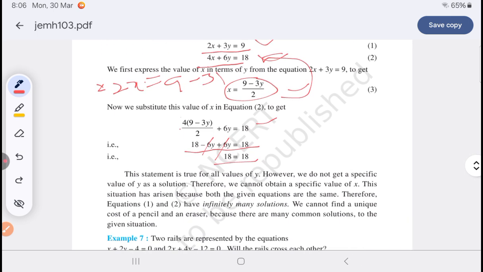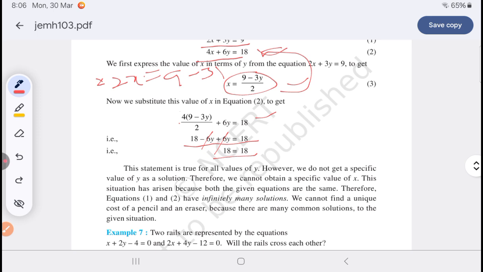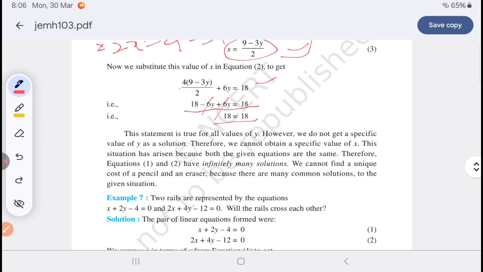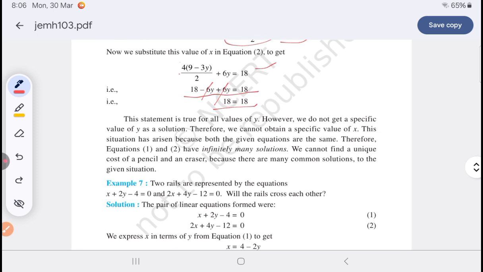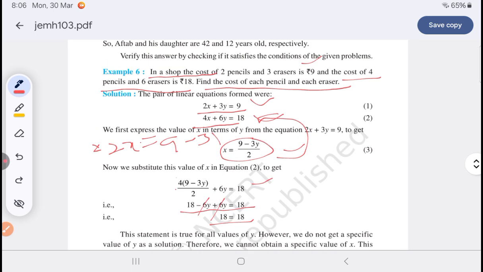So what you observe here is that you do not have any solution. So you cannot obtain the value of x. Can you check why this equation has no solution? Infinitely many solutions, because both equations are same. You can check here also.